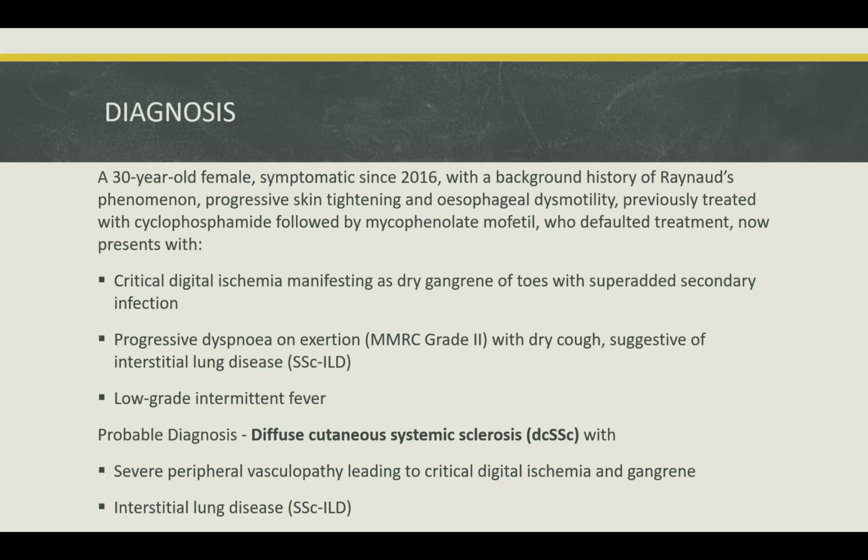But in this patient, I think it's not just Raynaud's, she has some more extensive disease. So sometimes aspirin or rheologic agents, as we give for peripheral vascular disease, may be of some benefit, but this needs to be weighed upfront, whether it is going to benefit or not. That is in addition to the immunosuppression and vasodilators.